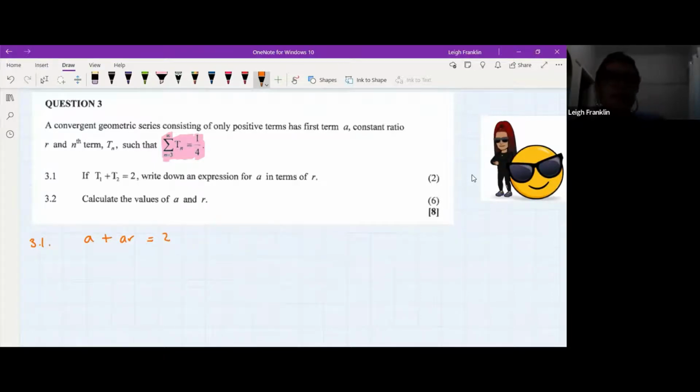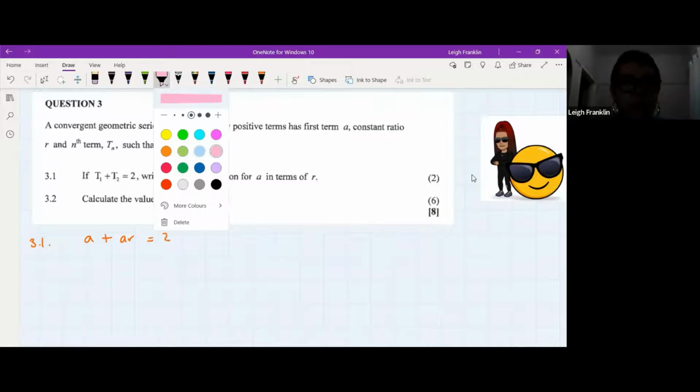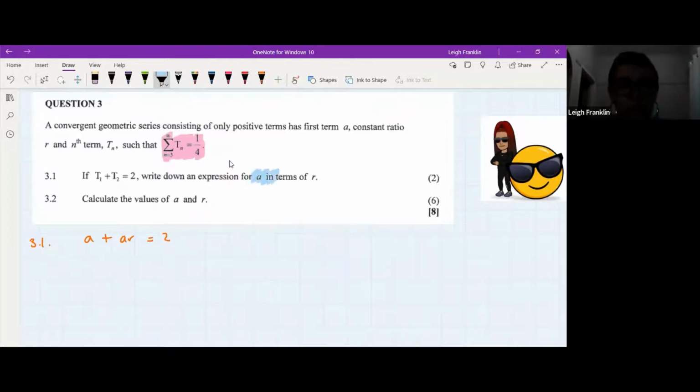What does writing A in terms of R mean? I think it means that you should write A in terms. I don't know how to explain.